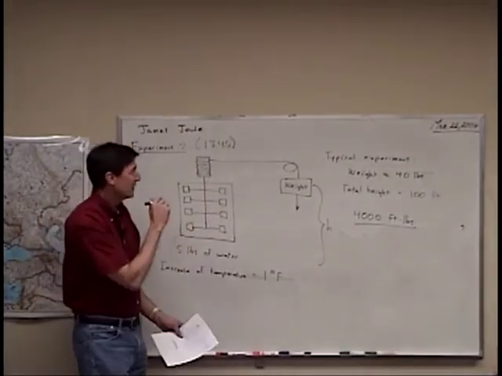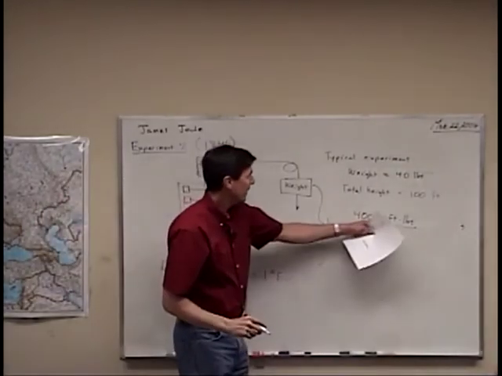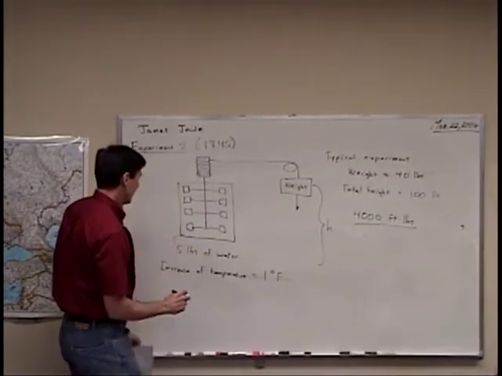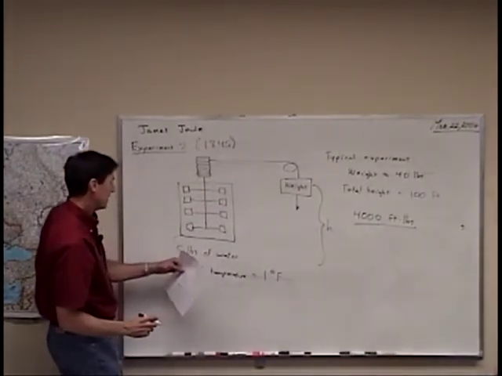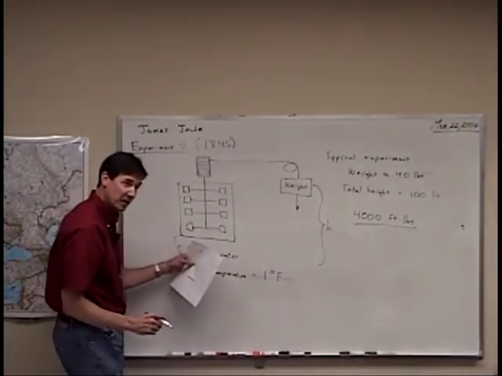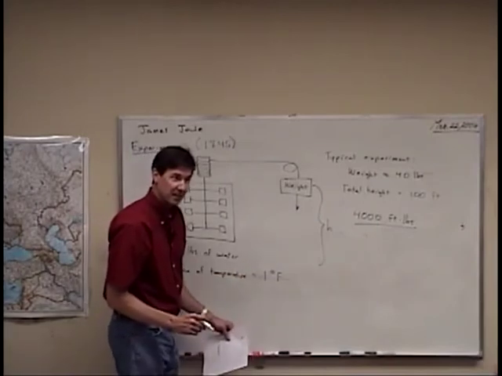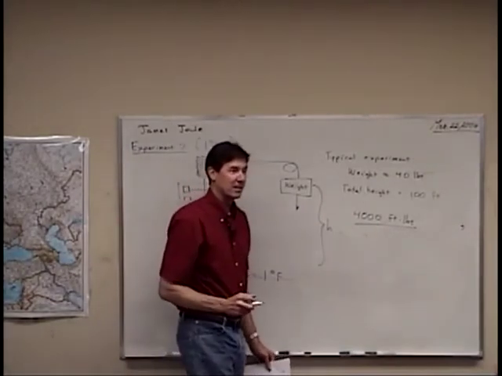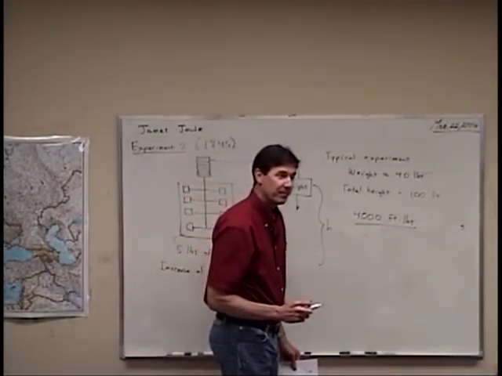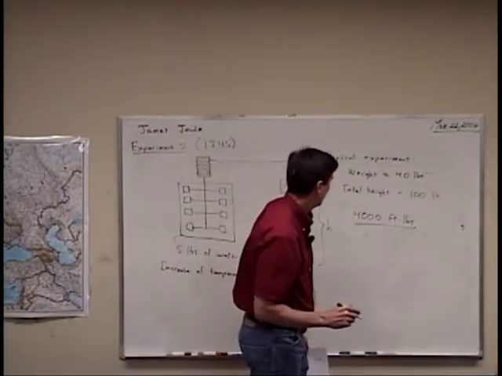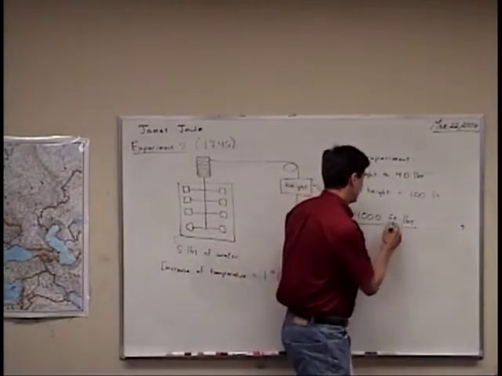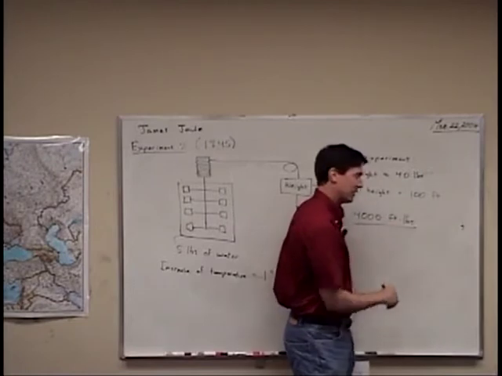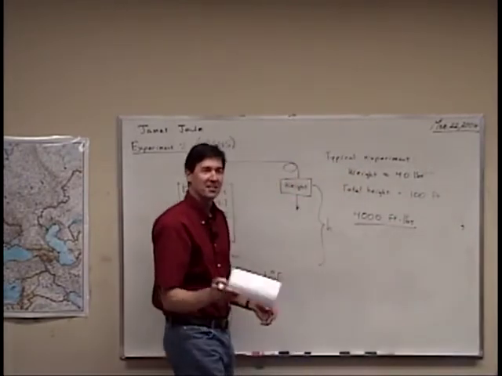So these 4,000 foot-pounds increase the temperature of 5 pounds of water by 1 degree. Is that a dash between foot and pounds? Yeah, I put a dot, but you can put a dot or a dash.